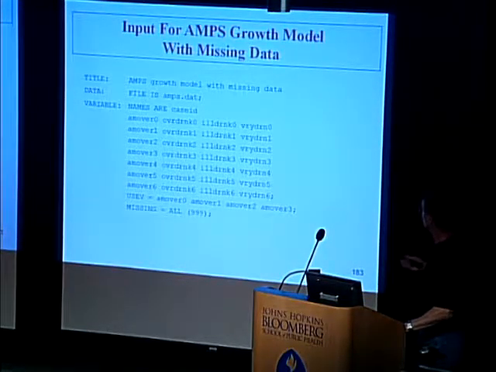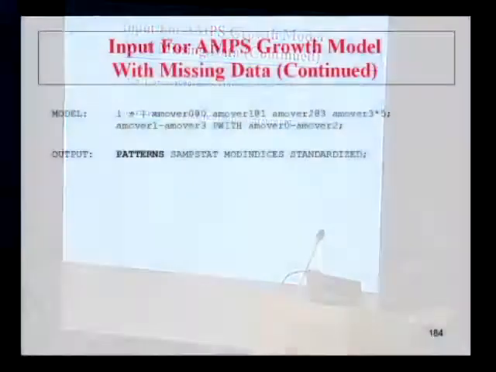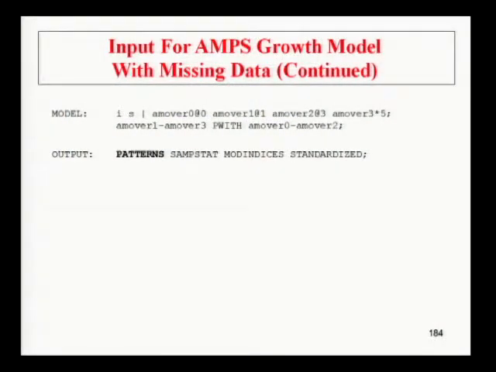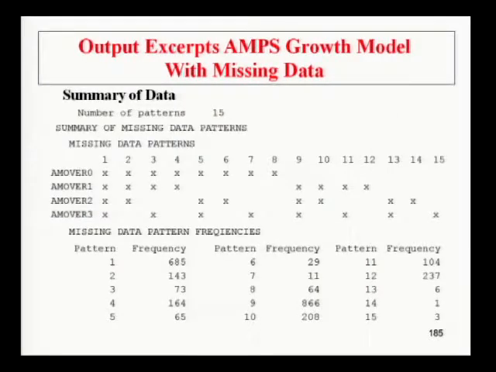We're going to do an analysis here where we do a growth model, and we're going to ask for patterns of missingness. That output option is quite useful. You can even use it when you do a type equals basic analysis before you do the growth modeling. And here's what it says. Slide 185.